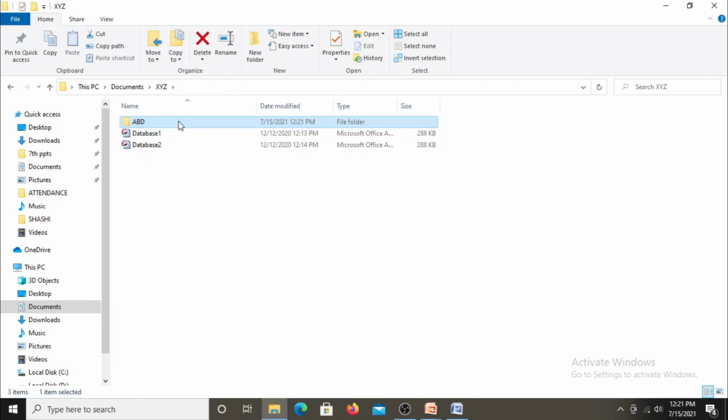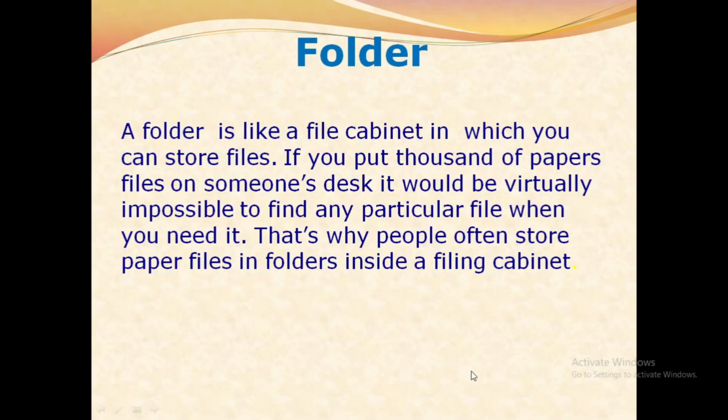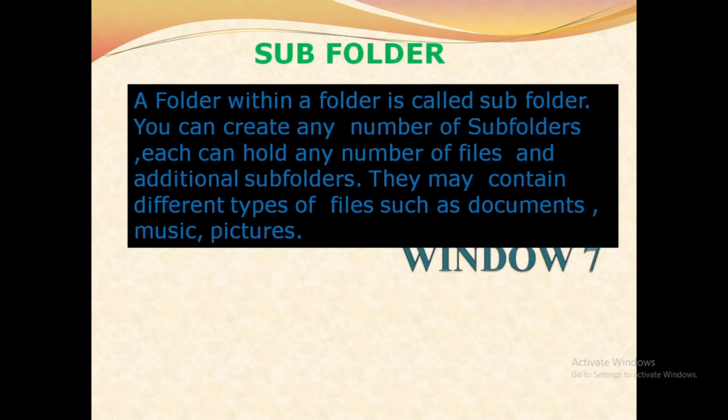Like this we can create folder and subfolder. Now I already told you, that's why people often store the paper files in folders inside a filing cabinet. I also told you how to create a subfolder. Folder within a folder.